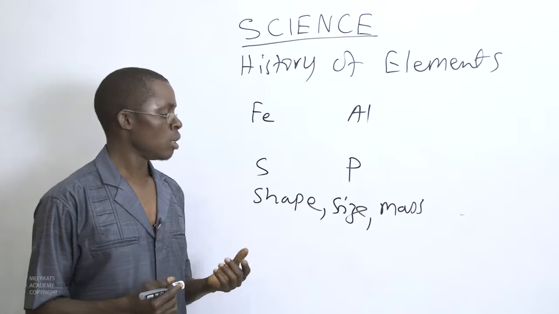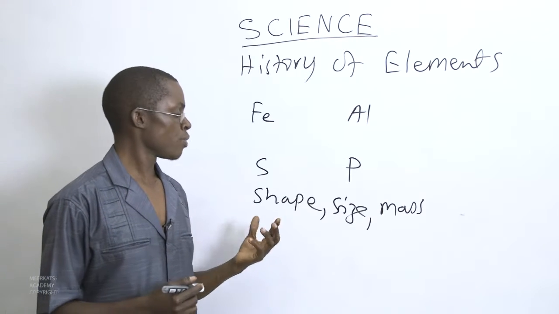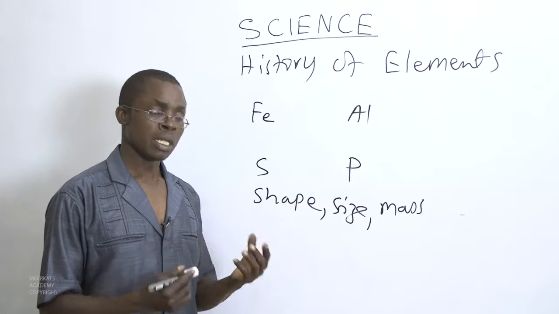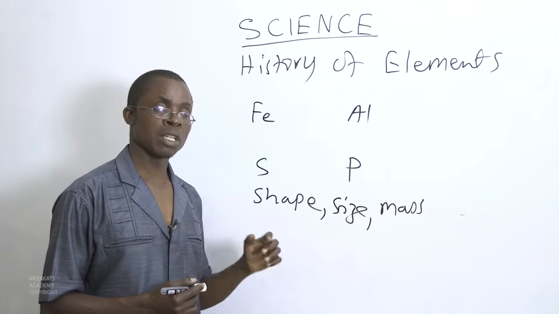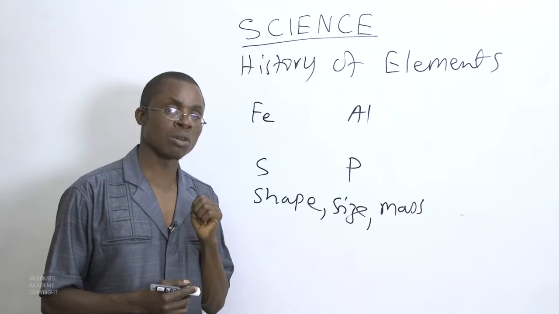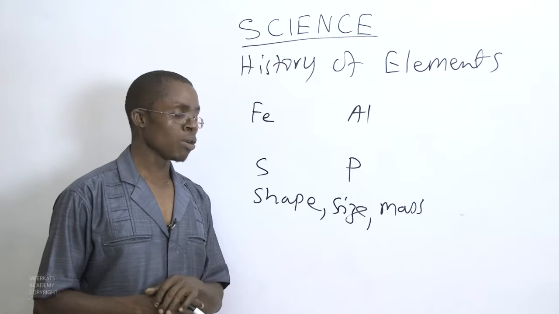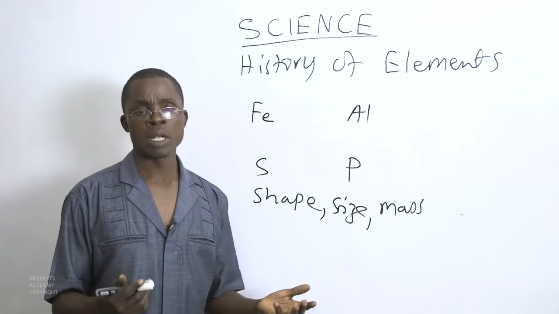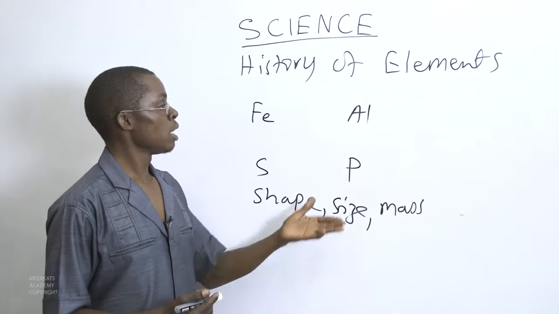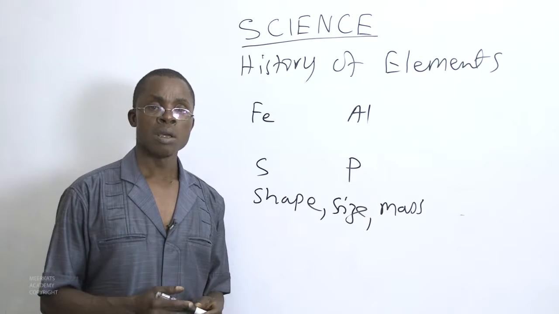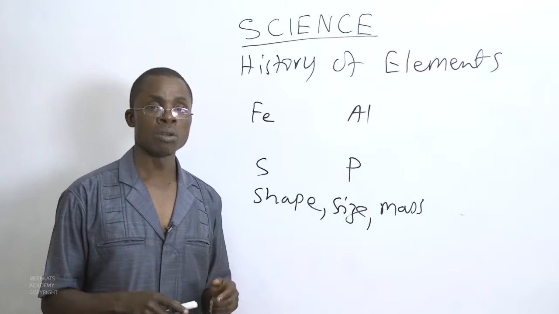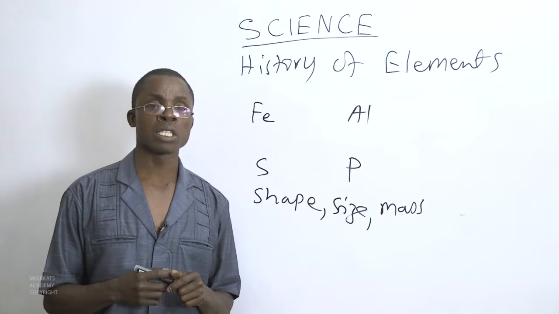And because of that, you'll discover that the shape of the atom will vary. Again, because of the difference in the number of the small particles found in the atom, the size will also vary and the mass will also vary. And that's why aluminium is more favored in making some structures since it is lighter and strong, but iron cannot be favored because it is heavy.